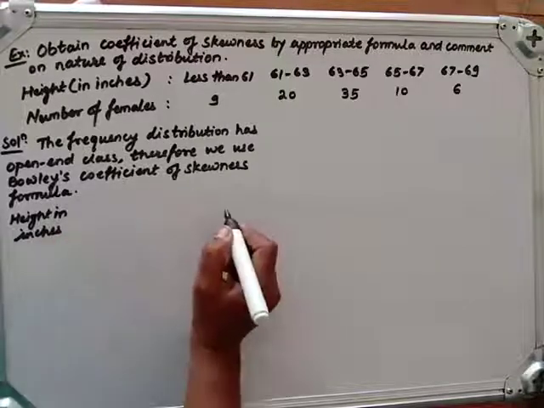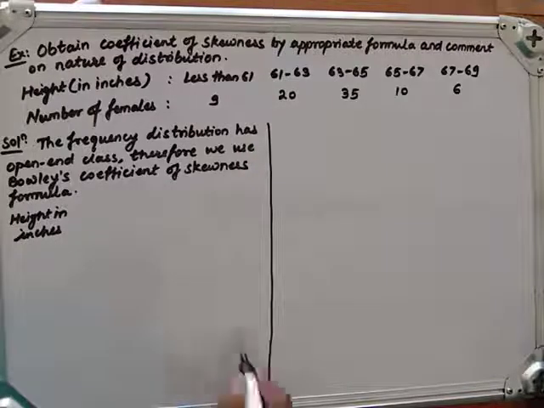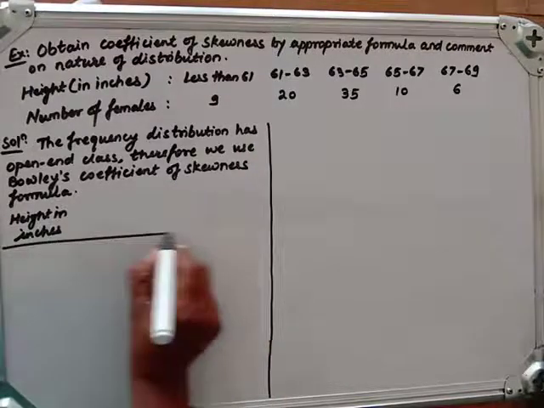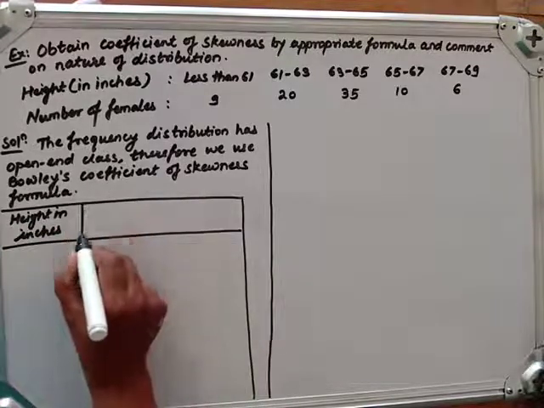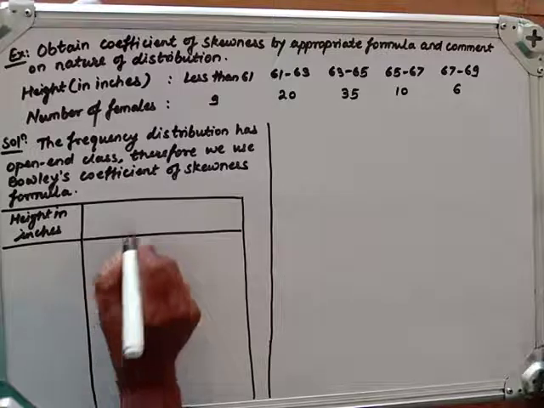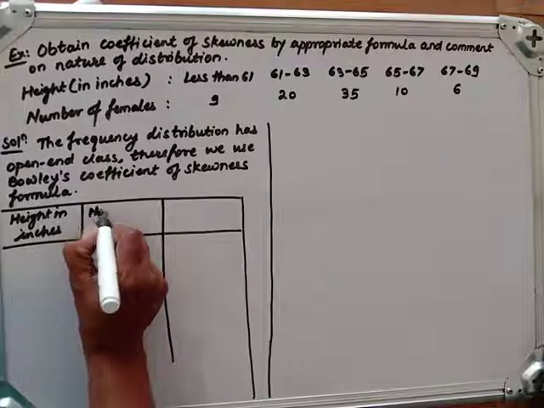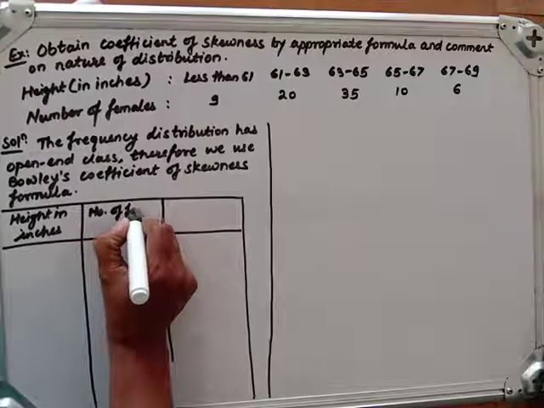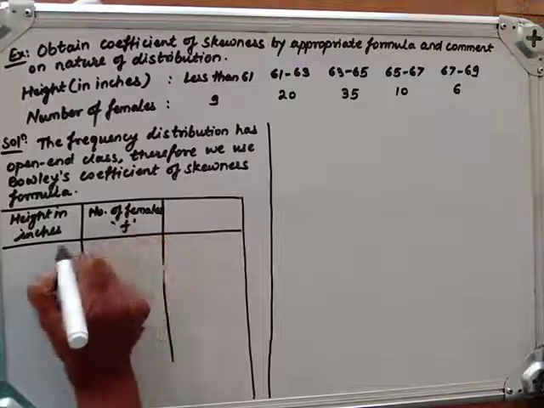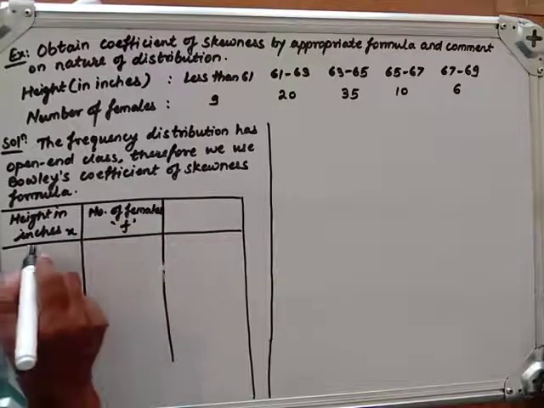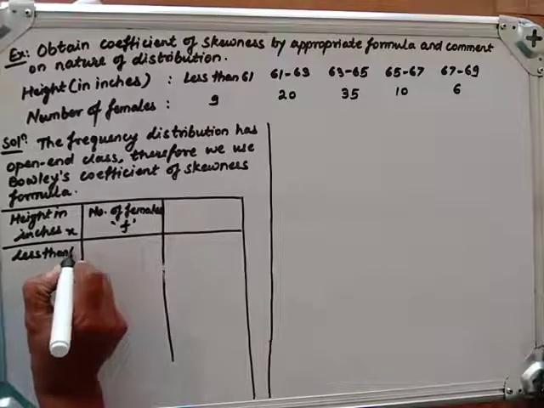Now to determine quartiles we need less than type cumulative frequency. So let us prepare a table. Height in inches, then number of females and less than type cumulative frequency. There number of females, that is F. This is X. So less than 61.